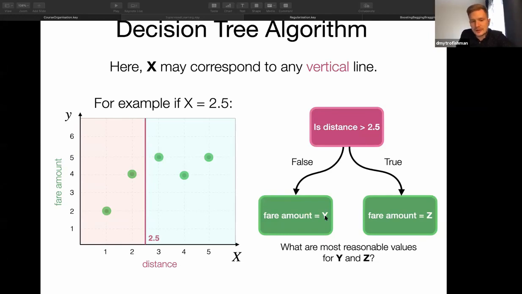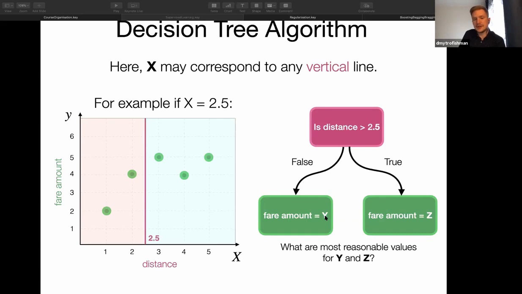So what do you think in this specific case would be good values for Y and Z? Well, you could take the mean of the two and have 3 and 4.5. That makes sense, provided that we are trying to minimize squared error, right? So we are trying to minimize the distance.